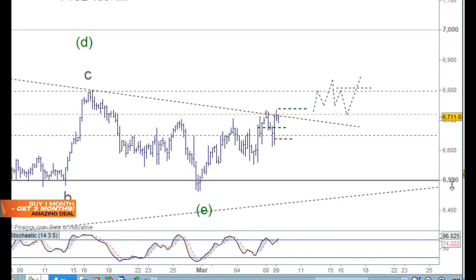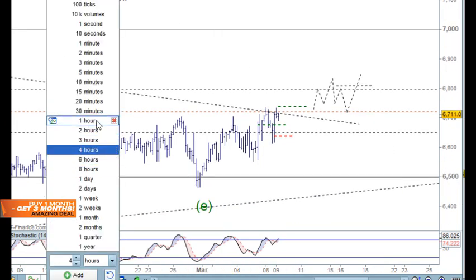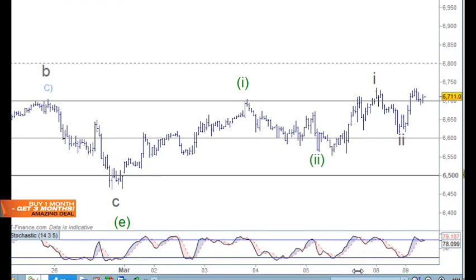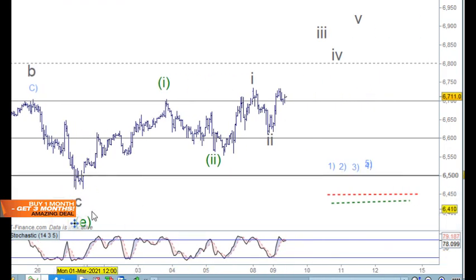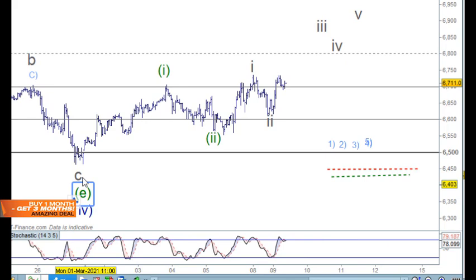Yeah, all good there. Let's just have a quick look on the hourly chart. So looking at it as wave E of 4 here, and then wave 1 and 2, and 1, 2, 3, 4, 5. So it's all looking quite good as an impulse wave there, corrective wave here.